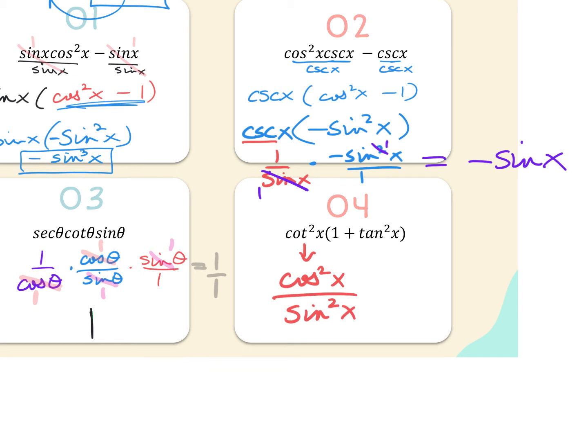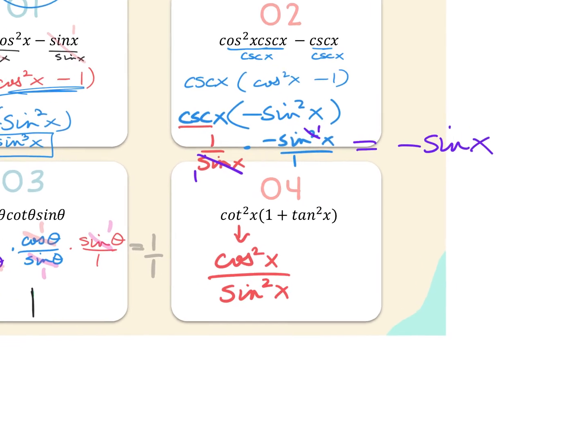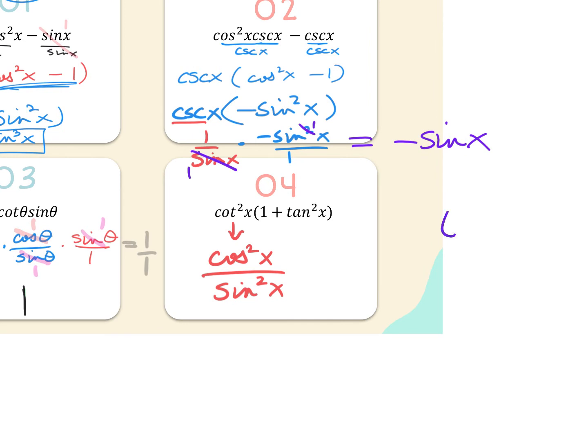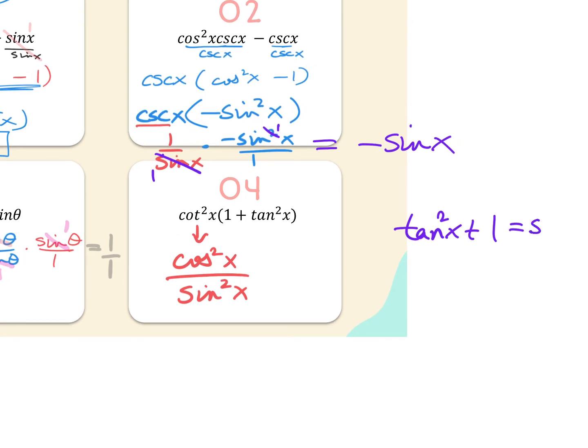And then what's in the parentheses, I'm going to use a Pythagorean identity. We memorize that tan squared x plus 1 is equal to secant squared x. So I'm going to do a substitution. I'm going to take this out and replace it with secant squared x.